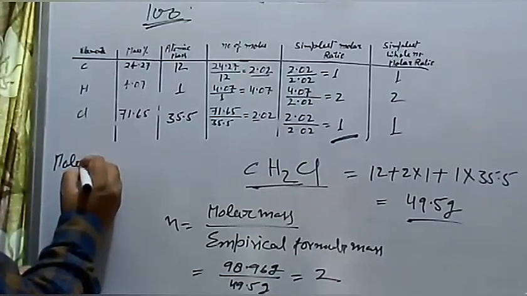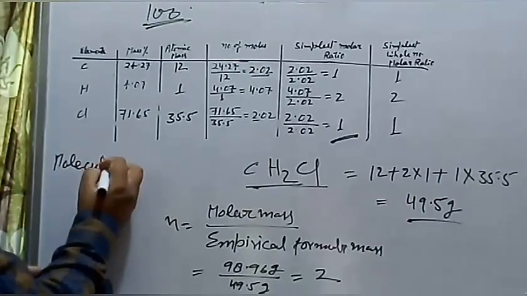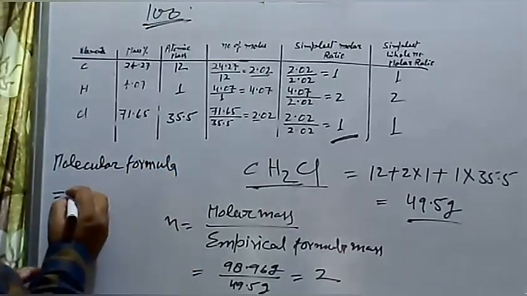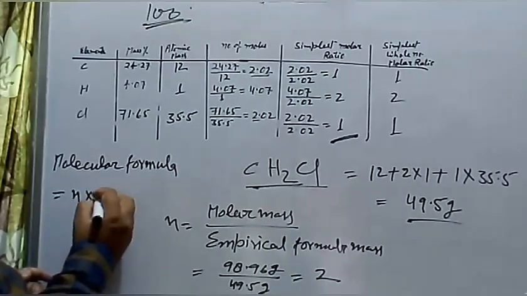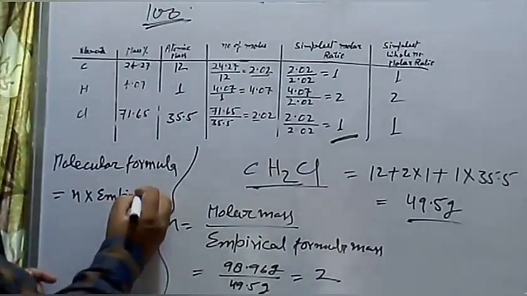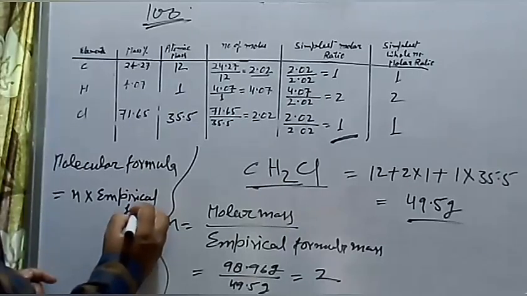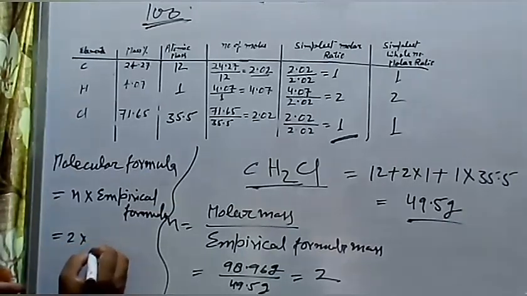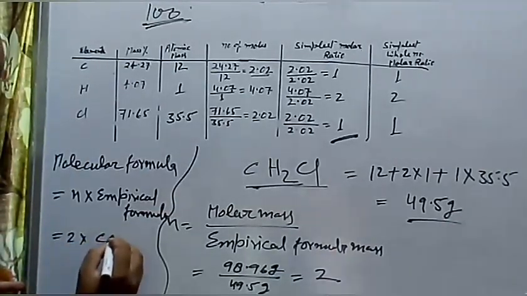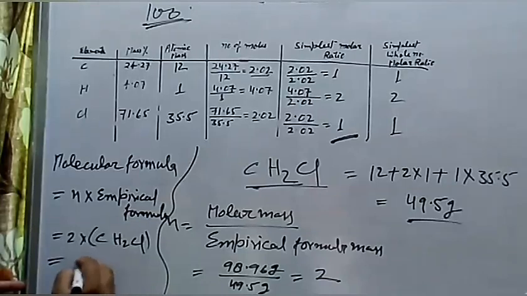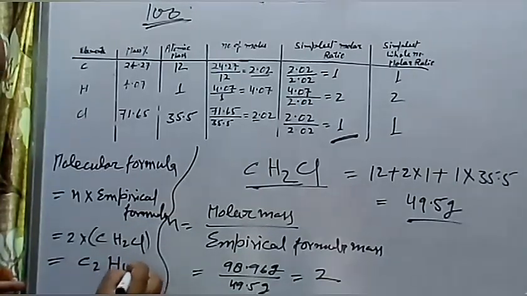Molecular formula equals N into empirical formula, so equals 2 into CH2Cl, which equals C2H4Cl2.